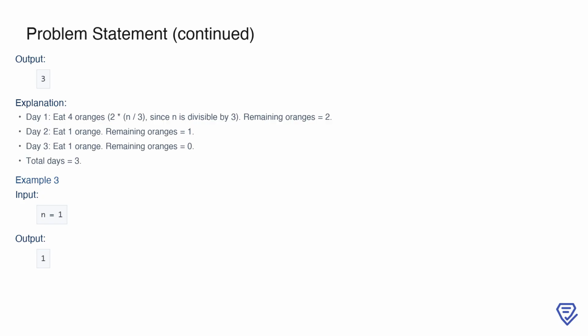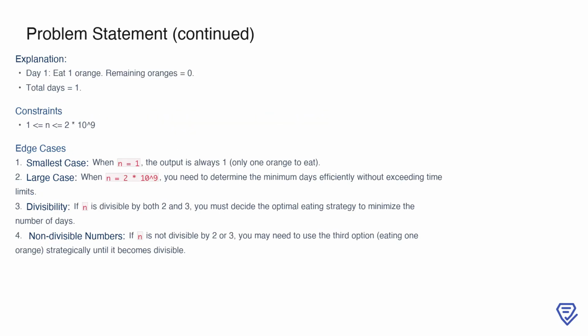and their divisibility. The constraints of the problem require us to consider various edge cases. For instance, when n equals 1, the solution is straightforward as it always takes exactly 1 day. However, for very large values of n, such as 2 billion, we must ensure the solution is computationally efficient to avoid exceeding time limits.